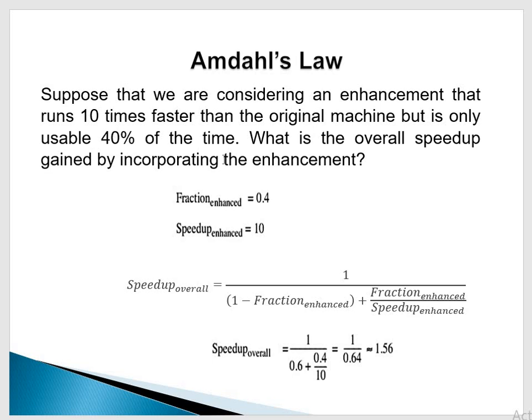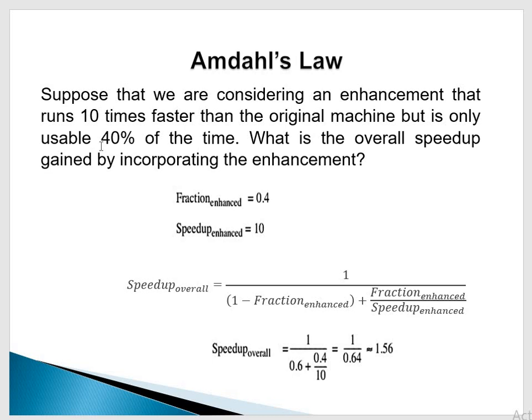So we will try to calculate the overall speed up gained by the machine after incorporating the enhancement. As we can see, fraction enhanced will be equal to 0.4, because we have done the enhancement on 40% of the total machine, either on the software model or on the hardware model. This is not given in this particular example, but we have done the improvement.